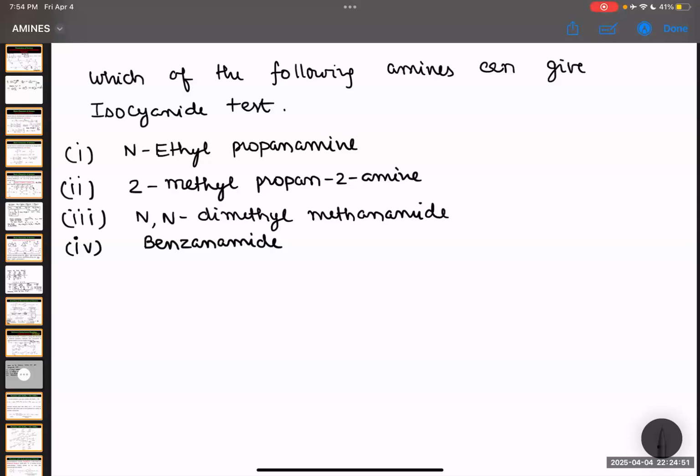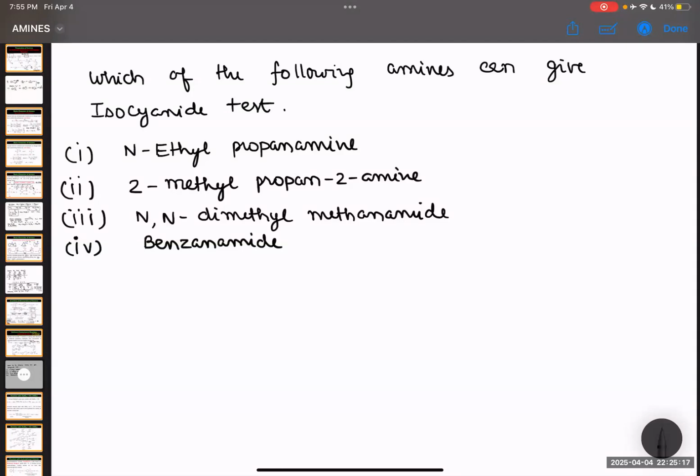So, which of the following compounds can give the isocyanate test? The question is very simple. If I had given you the structures, this would be a direct question. But in order to add some complication, I have given you the IUPAC names.